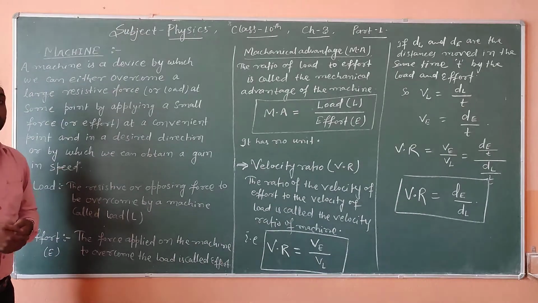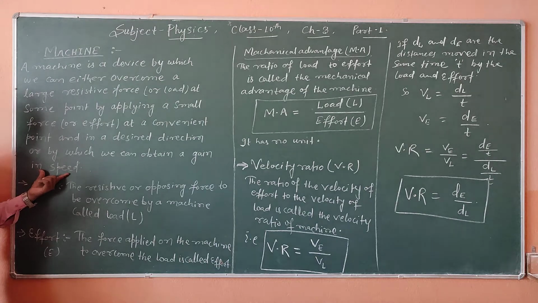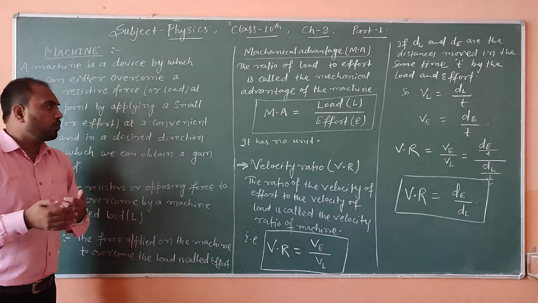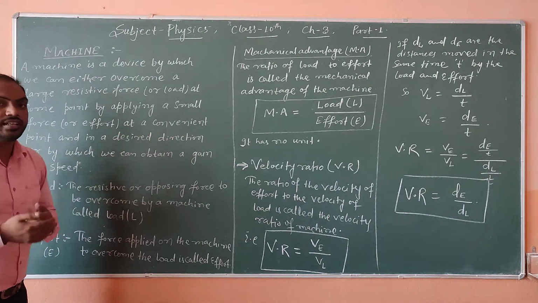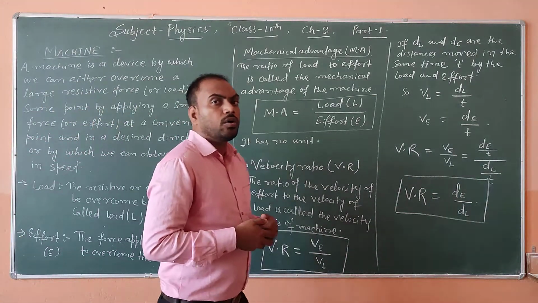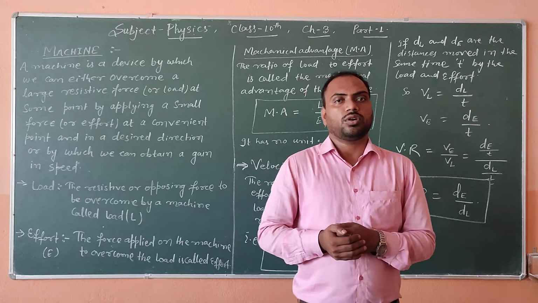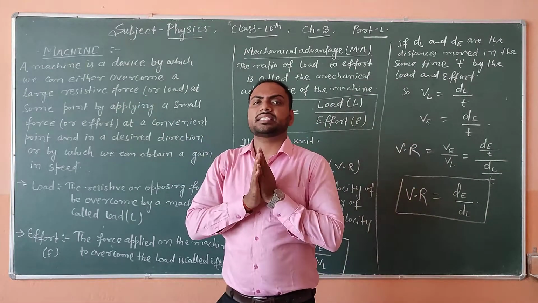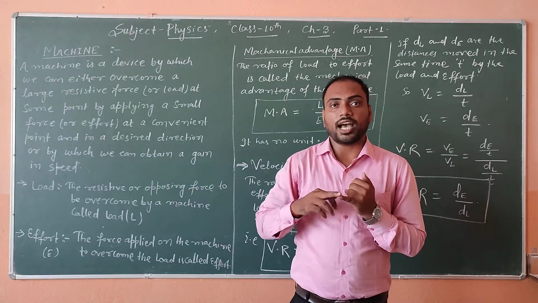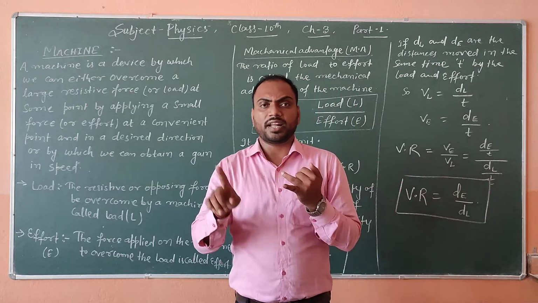A machine does your work faster, meaning an increase in speed. A machine changes the direction of your work by applying force at a convenient point. A machine increases the effort by multiplying your force. So basically machines do three or four things. First, they multiply the force.